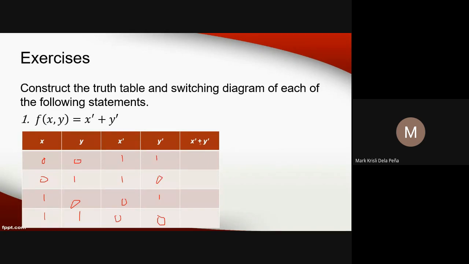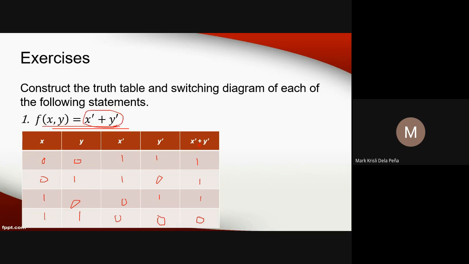Since this is a Boolean sum, the rule is that whenever at least one variable has a value of 1, the output will always be 1. So 1 1 is 1, 1 0 is 1, 0 1 is 1, 0 0 is 0. So this is the truth table for this function.